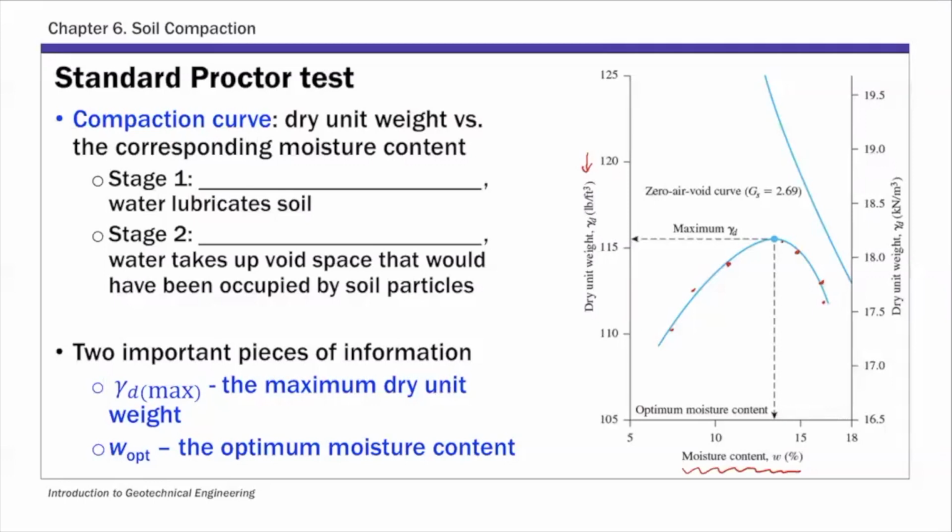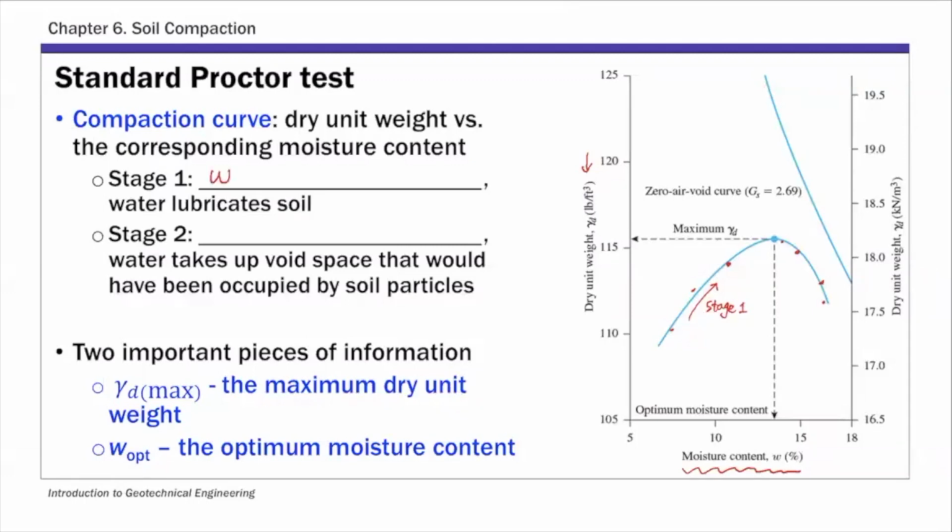If you look at the behavior of the dry unit weight versus moisture content on the compaction curve, notice there are 2 distinct stages. The first stage is this initial increasing stage. Stage 1 is pretty clear: as you increase the moisture content, the dry unit weight of the compacted soil increases as well.